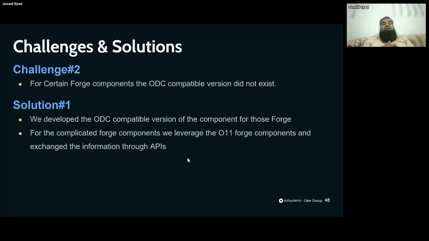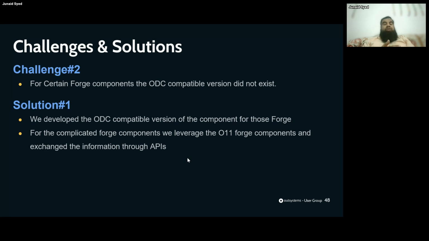So in those cases, we continued to consume the Forge components installed in the O11 platform, and we exchanged information with them from the ODC framework through API calls. We established the communication between the extensions and ODC framework applications through REST APIs to exchange the data.